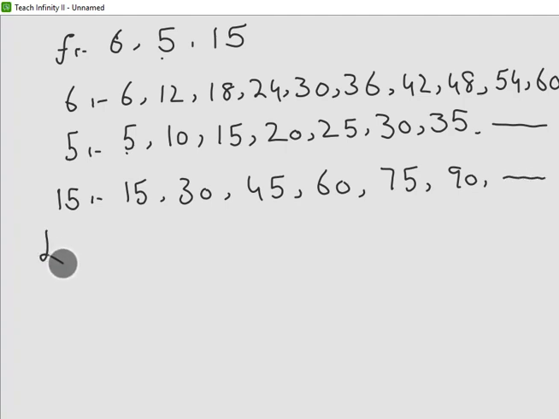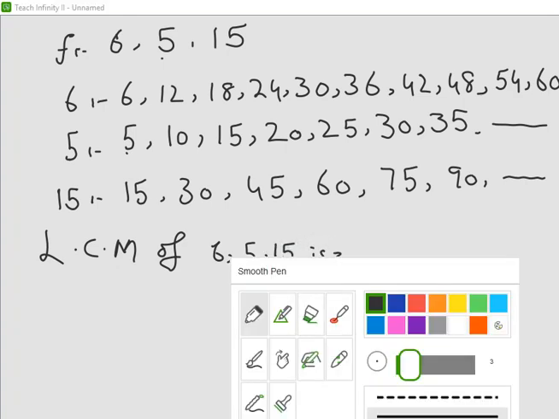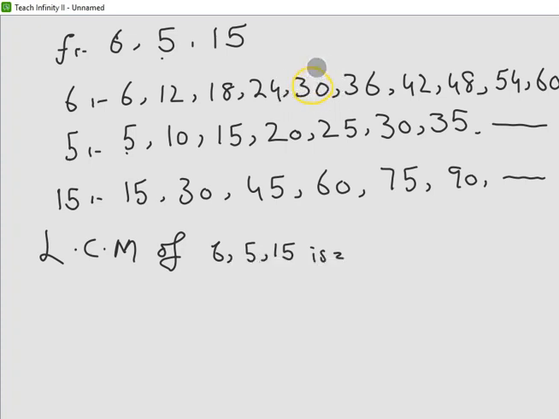Now the lowest common multiple of 6, 5 and 15 is 30.